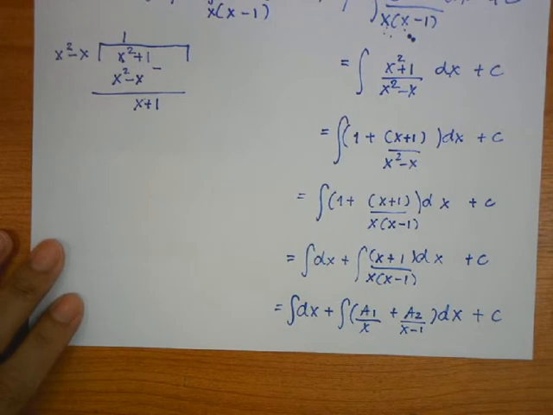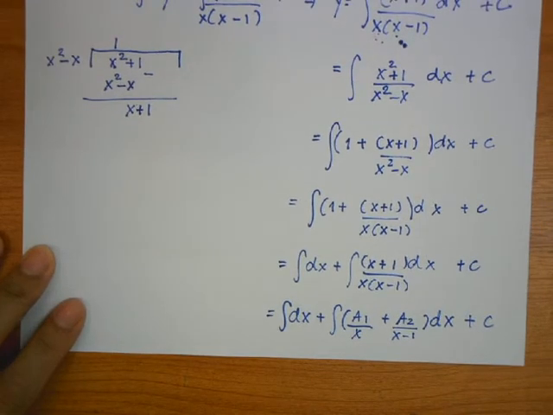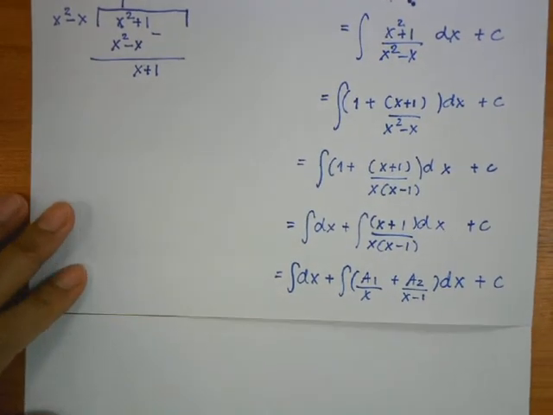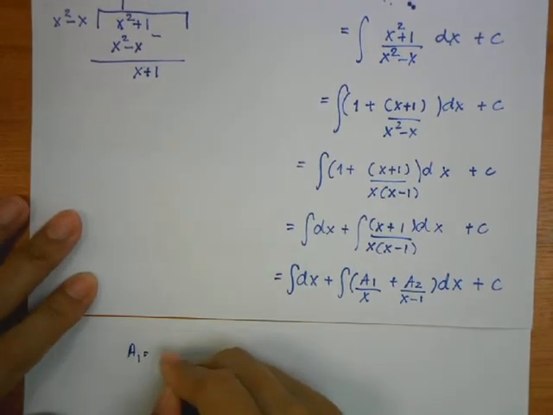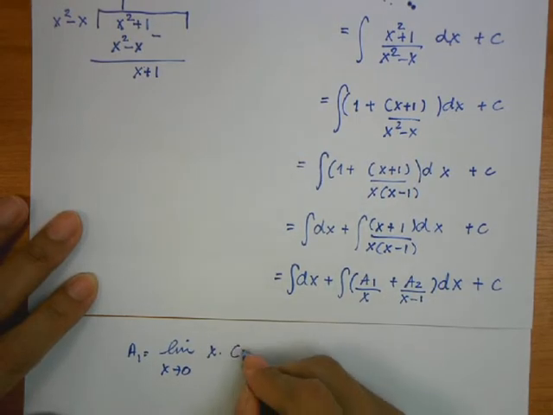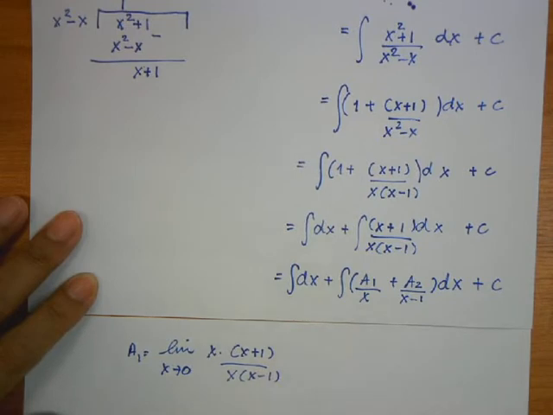Can you find a1 and a2 for me? What is a1? a1 is limit x goes to 0. Up here it has to be x times p(x), where p(x) is x plus 1 divided by x times x minus 1. You put 0 here, up here you get 1, down there you get minus 1.